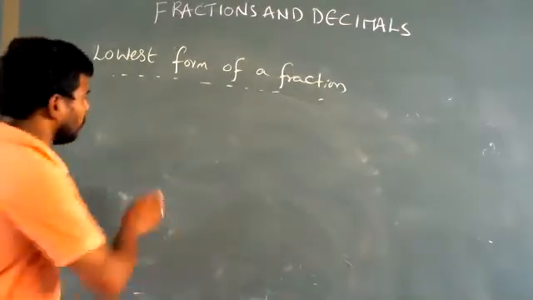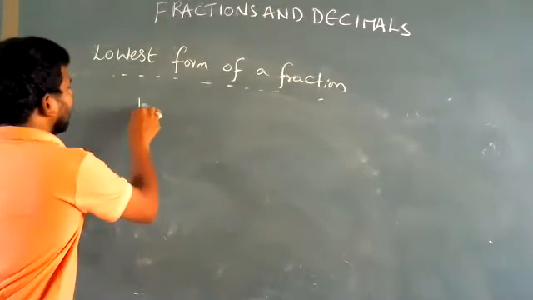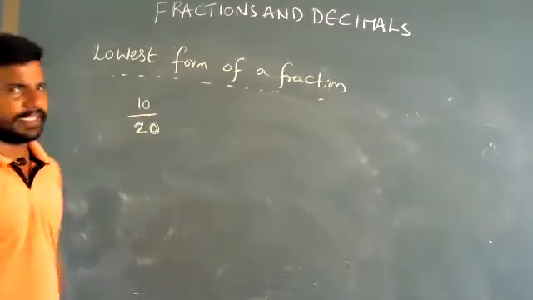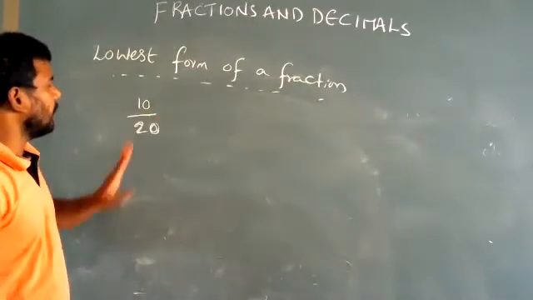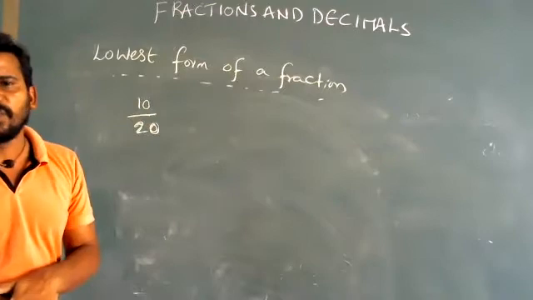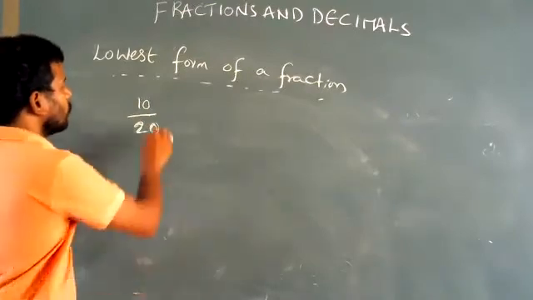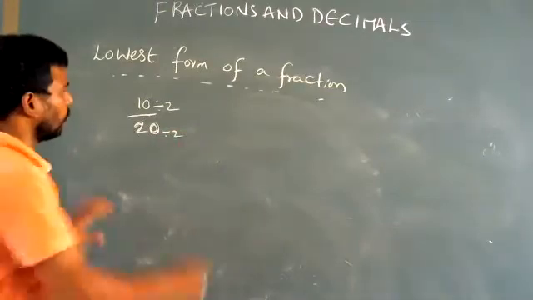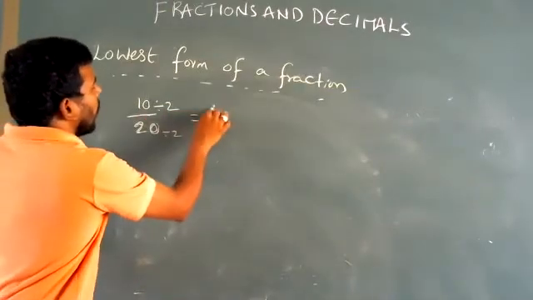For example, I take 10 by 20. 10 and 20 both are multiples of 2. So it is divided by 2 and divided also by 2. 10 divided by 2, how much?